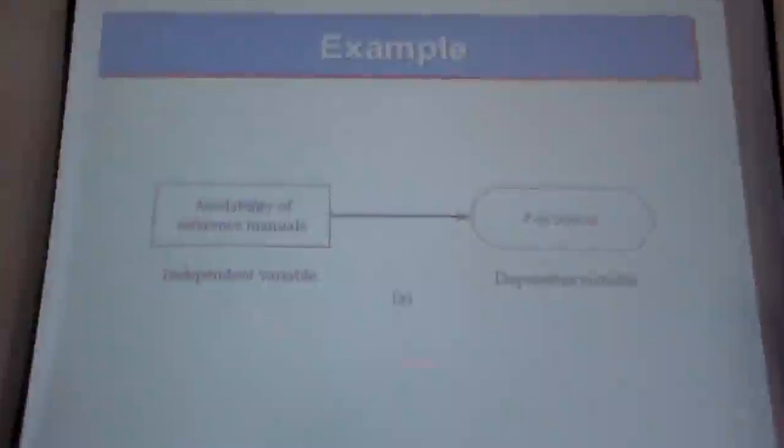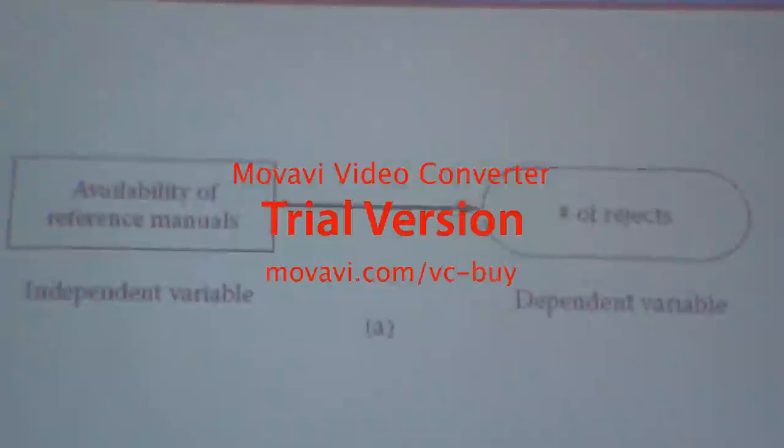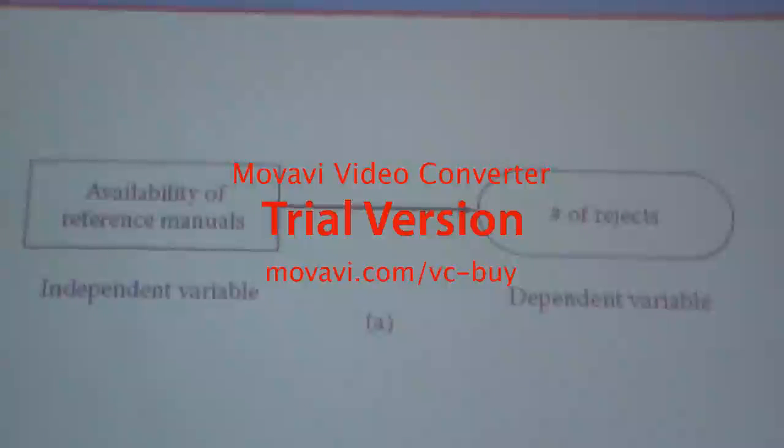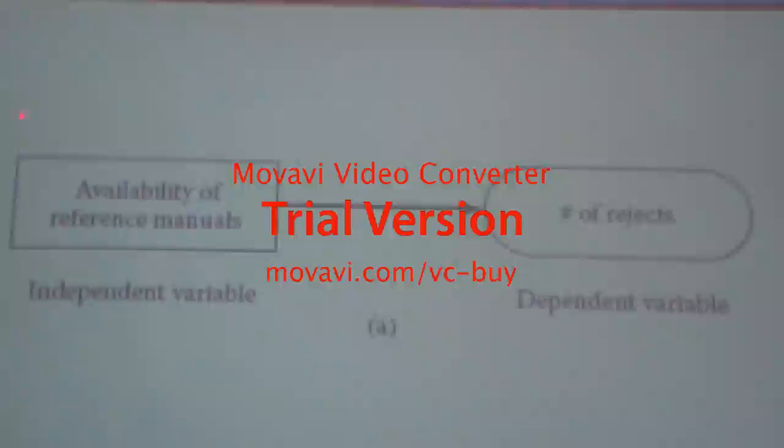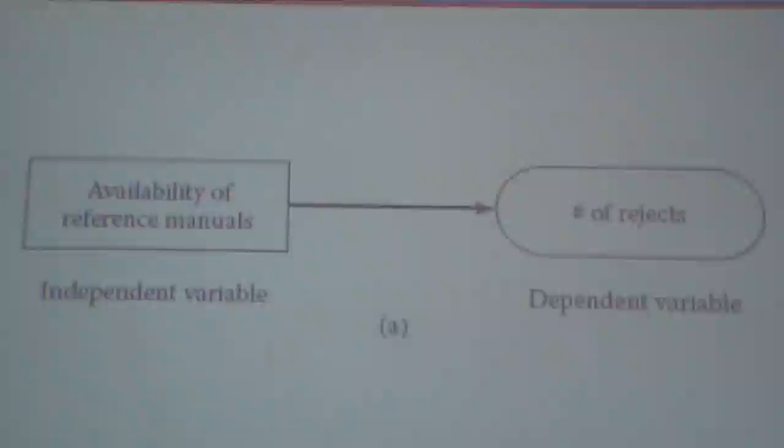If we have this relationship, number of rejects is the dependent variable. Availability of reference manuals is the independent variable. What do we mean by these two things?